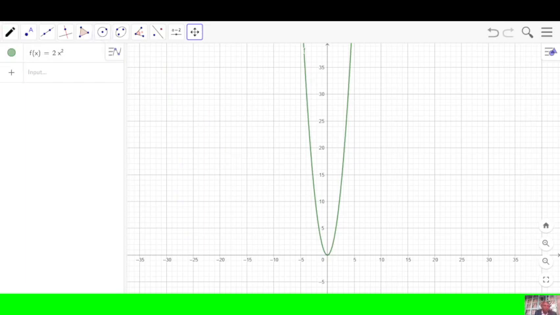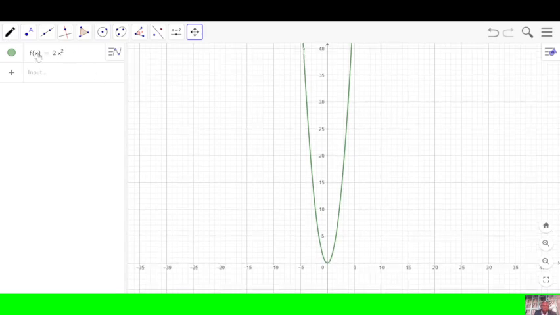The equation that we want to solve is... we want to solve this equation of y equals 2x squared.